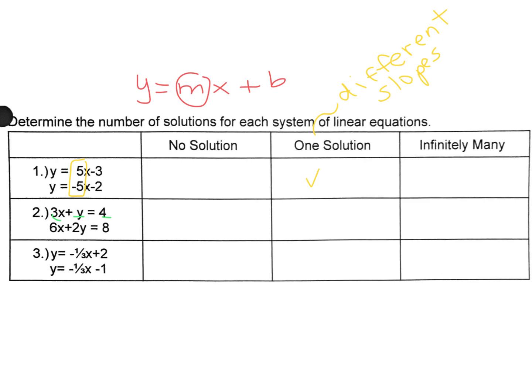So if I times everything in this equation by 2, I could actually get a twin. Or in reverse, if I cut everything in half, half of 6 would give me 3, half of 2 would give me y or 1y, and half of 8 would give me 4.